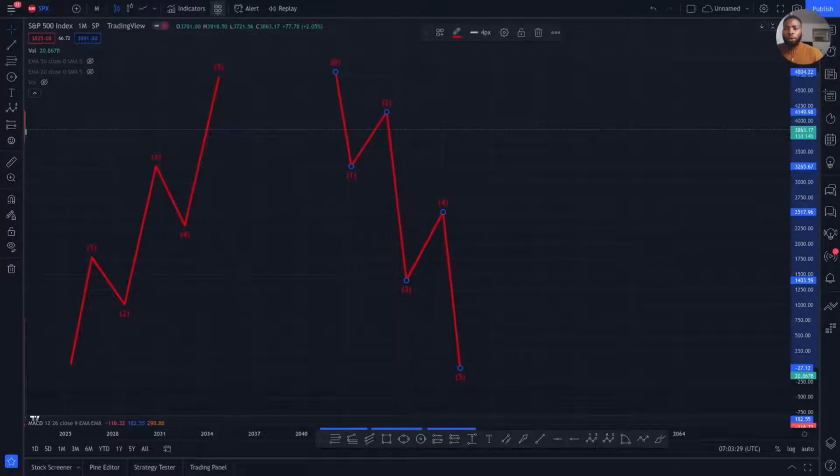Wave 1, wave 3, and wave 5 are called impulsive waves.